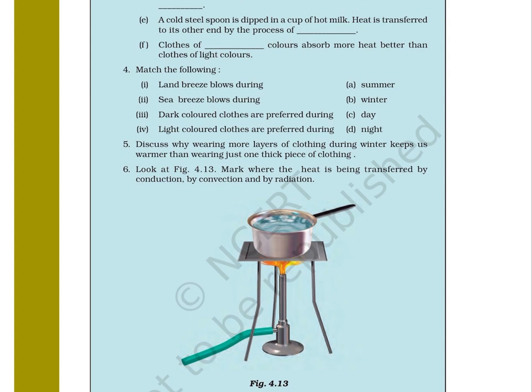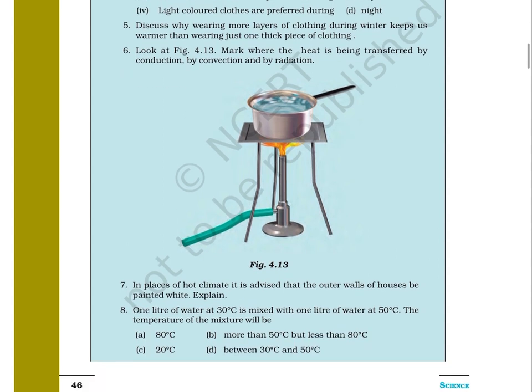5. Discuss why wearing more layers of clothing during winter keeps us warmer than wearing just one thick piece of clothing. 6. Observe figure 4.13. Mark where the heat is being transferred by conduction, by convection, and by radiation.